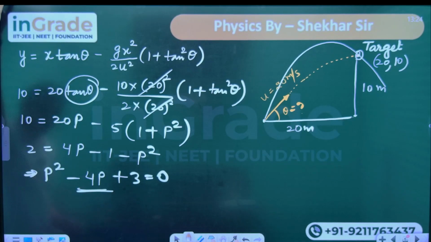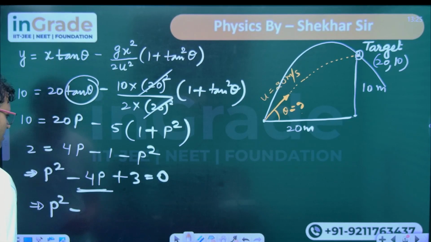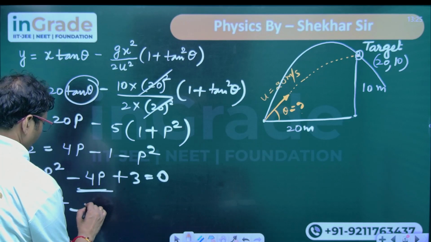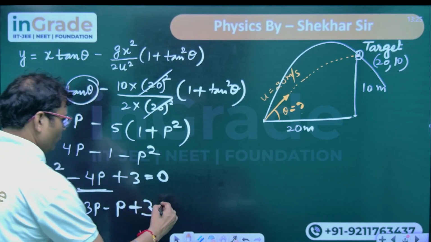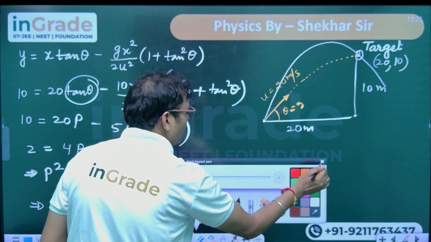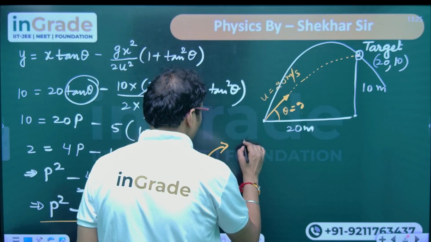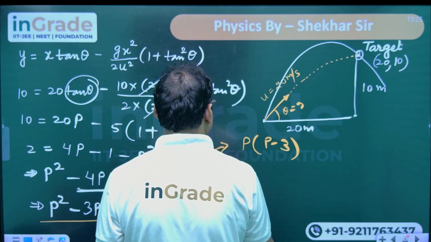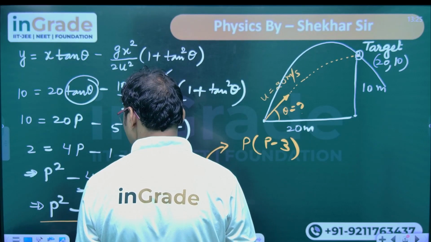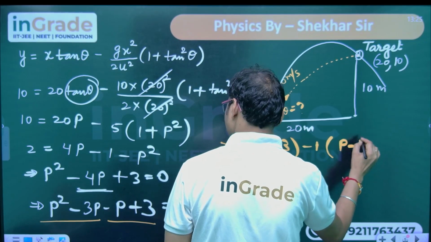If we factorize this 4p, we can write it as p square minus 3p minus p plus 3, isn't it? Is equal to 0. p square minus 3p gives p into (p minus 3), and minus 1 (p minus 3).